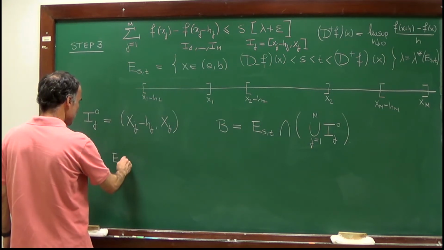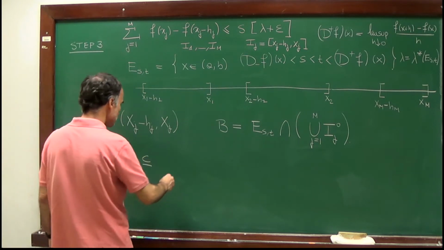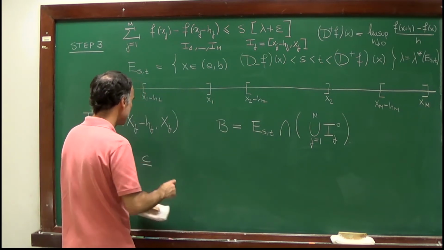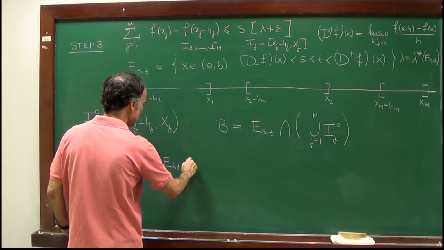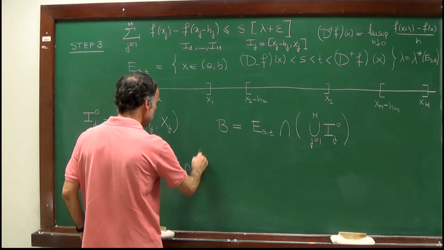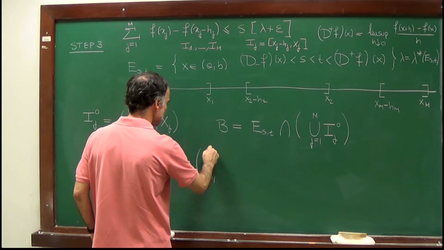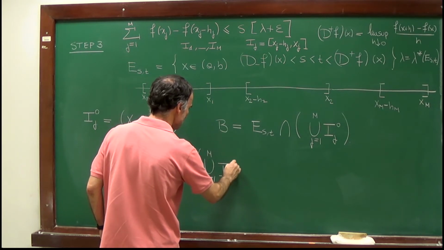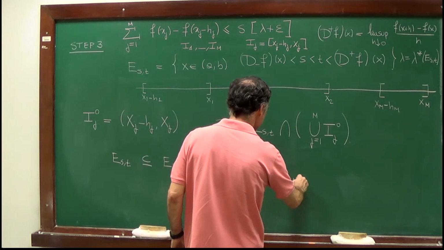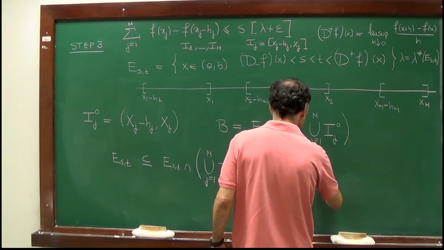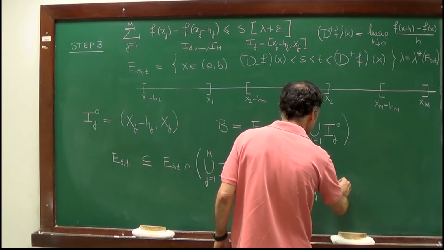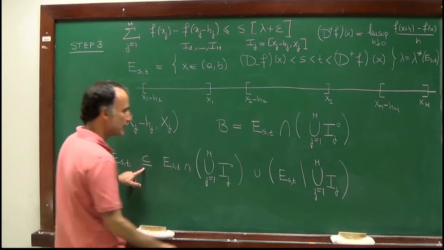Well, E_s^t is contained in E_s^t intersection, which is B, or maybe let me write it, E_s^t intersection the union, plus E_s^t minus the union. Okay, so this is actually an equality.